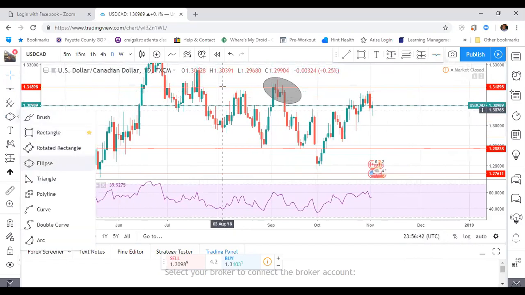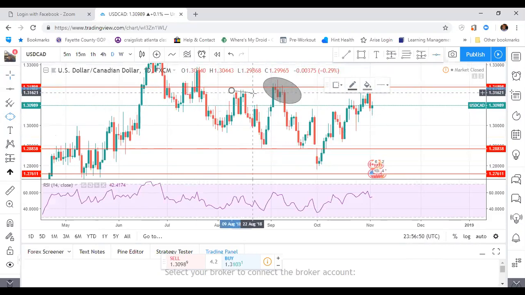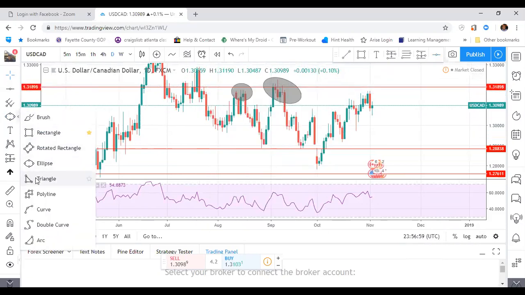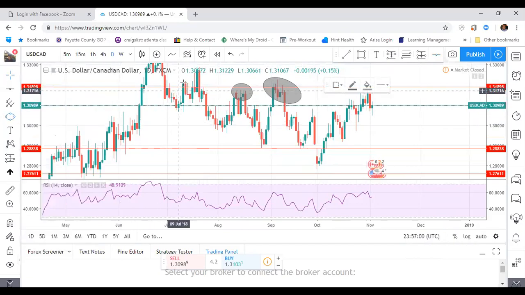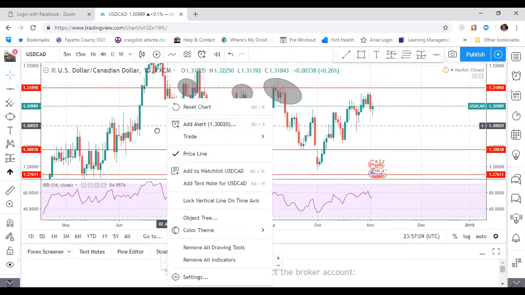Here, of course, is a small area. Here's kind of a small area. Okay, so you kind of get the idea.